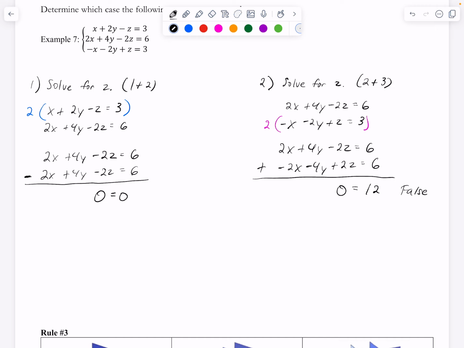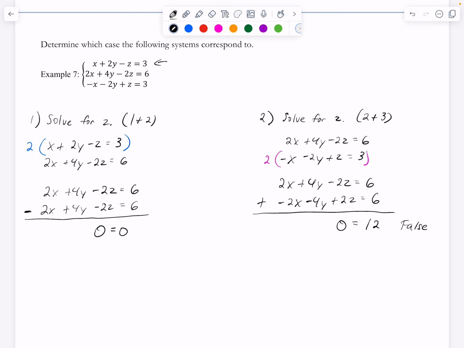All right, so what this means is that these planes are actually parallel to each other. So we said this earlier, but the first two were actually the same plane right on top of each other. And the third one with the second one, they're actually parallel, so they'll never touch. So the idea here is that because we are unable to continue the actual problem, there's not going to be a solution or an intersection with all 3 planes.